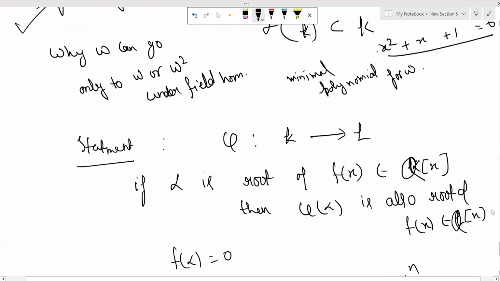Okay, let's write this statement. My proof is correct, but the statement is not written in an attractive way, so let's write it in a good way.